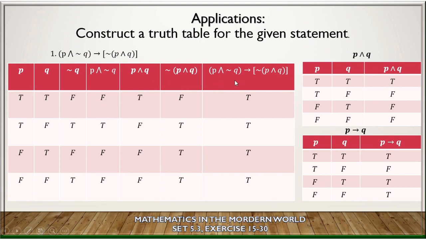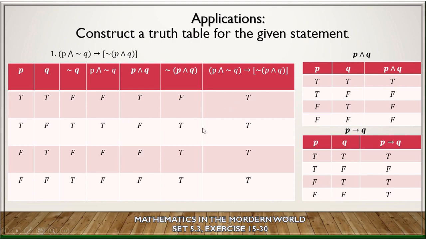So for this conditional of the conjunction of P and not Q, then the negation of the conjunction of P and Q, we will apply this table. P and not Q is this one, and the negation of the conjunction of P and Q is this one. False, false is true.